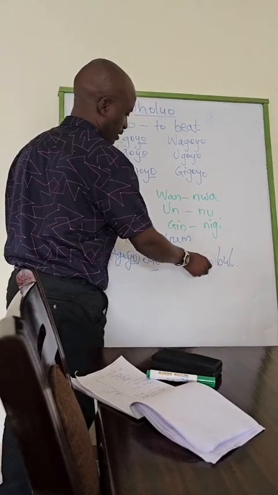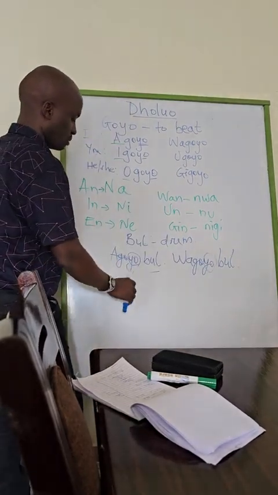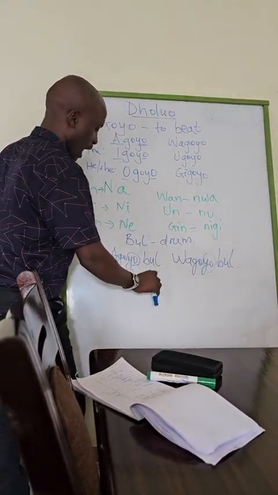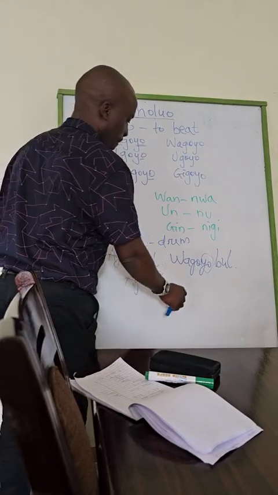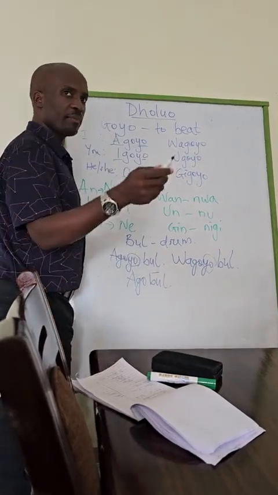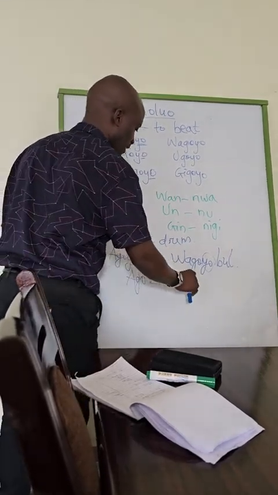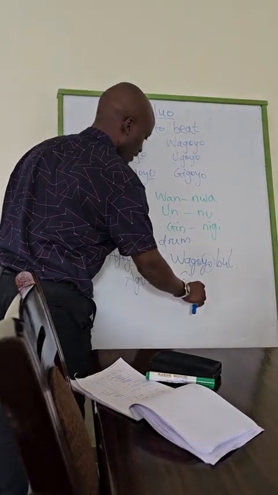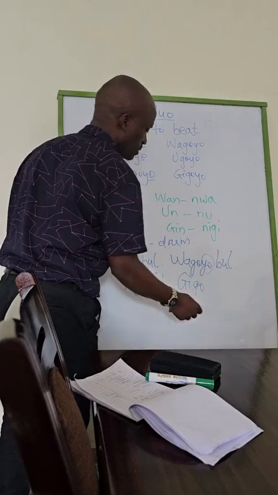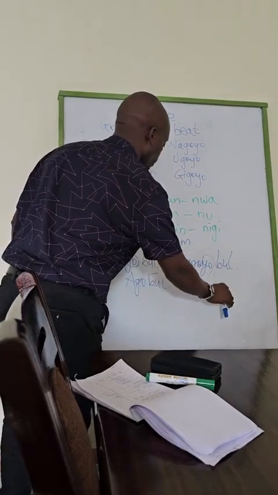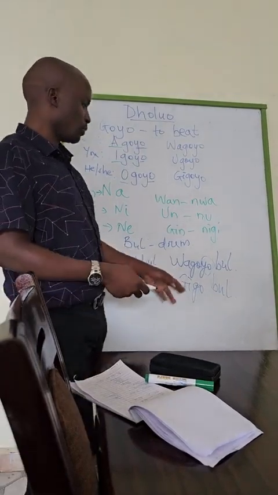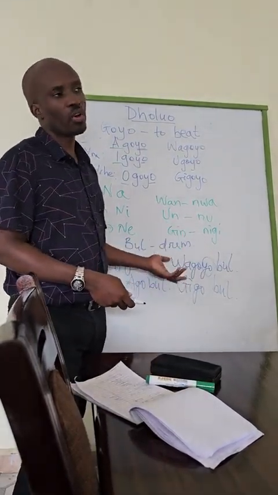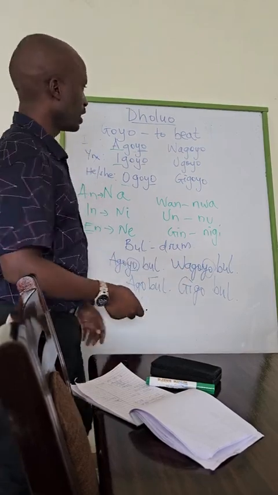So you just say ago bul. They are playing the drum. Gigo bul. Yeah, so you remove yo, you simply say gigo bul. It is possible to say that either of the two is still correct. Gigoyo bul, gigo bul.